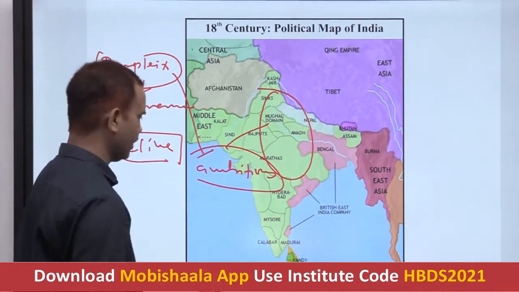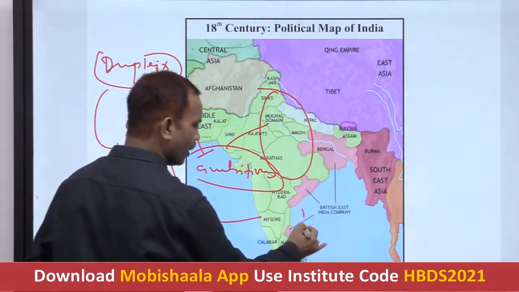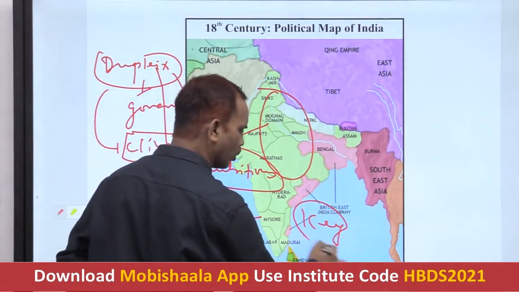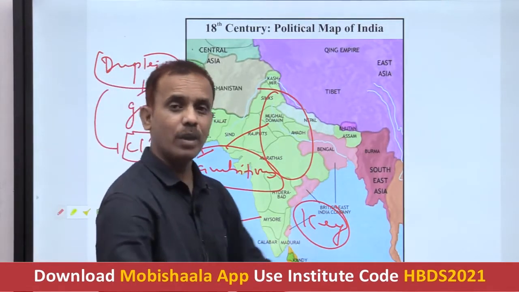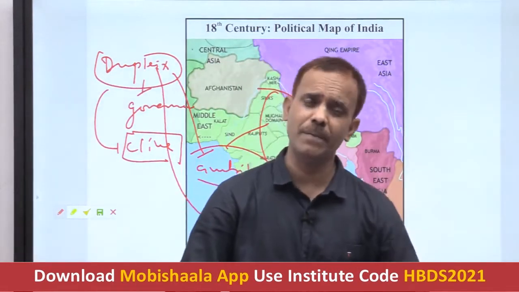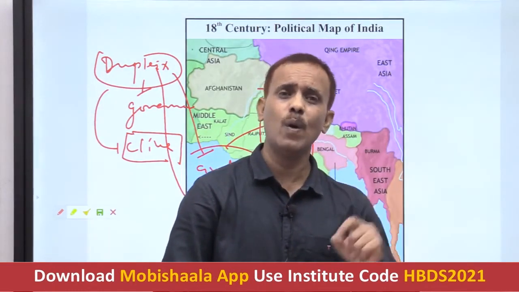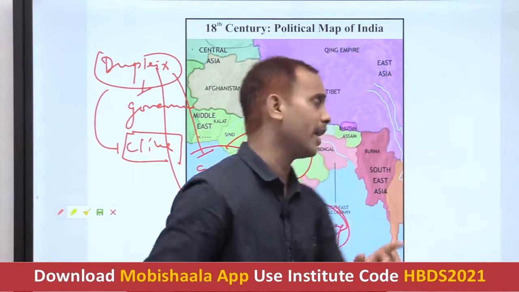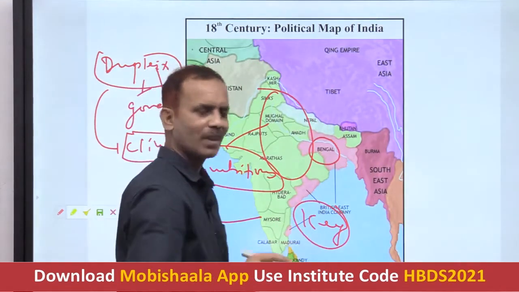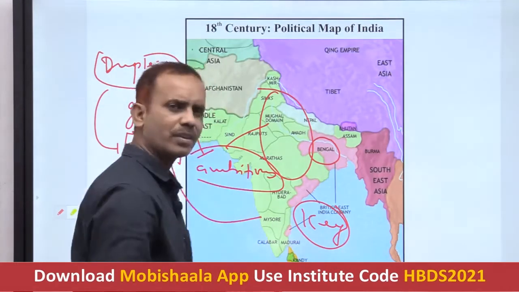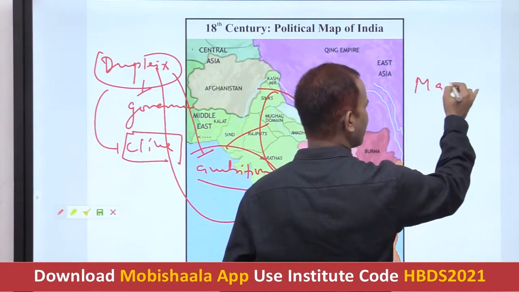Dupleix made this effort to search out the key of Hindustan in South India, and he failed. On the other hand, Lord Clive made effort to explore the key of Hindustan in Bengal, and he got it. This statement was written by historian Marriott.